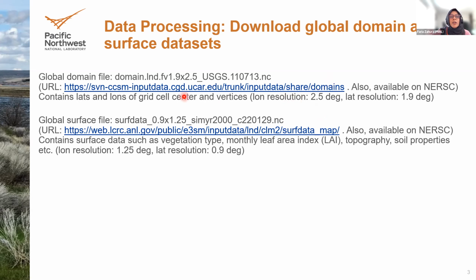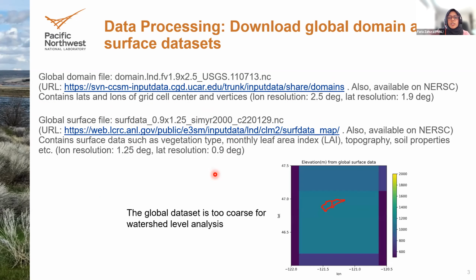So the domain file contains the latitudes and longitudes of the grid cell centers and the vertices, whereas the surface file contains all the surface data such as vegetation type, soil properties, topography, monthly leaf area index, etc. The resolution for the domain file that I downloaded is 2.5 degrees by 1.9 degrees, and the surface dataset resolution is 1.25 by 0.9 degrees, which is too coarse for a watershed level analysis.